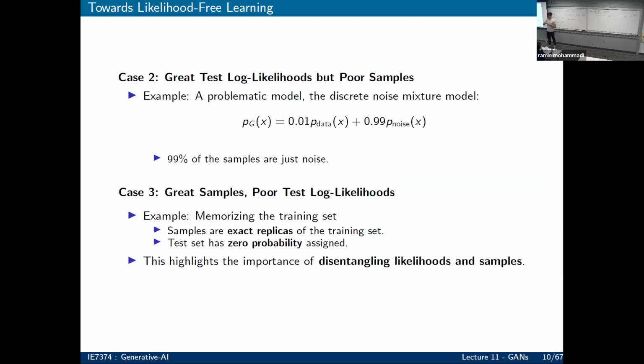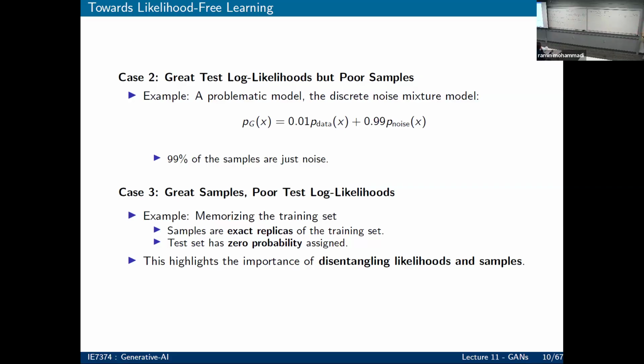The more dimensions you have, it tells you that it's good, right? However, it's not good. It's almost 99% noise. That is one of the problems with likelihood learning. In higher dimensional data, it's possible that you get a good likelihood but are technically not learning anything. And again, this is just a simple model that 99% of the time just prints noise.